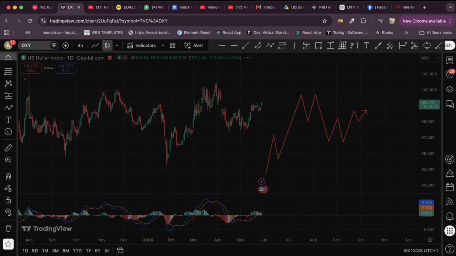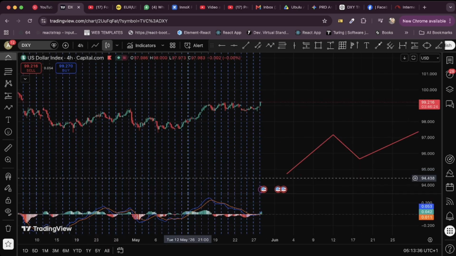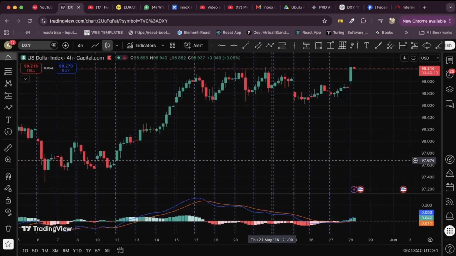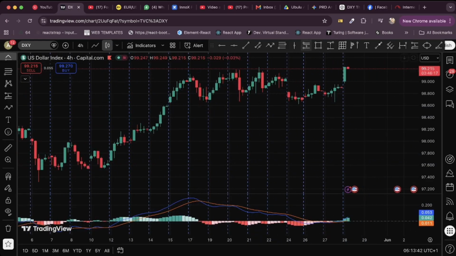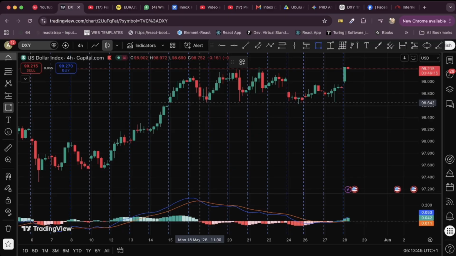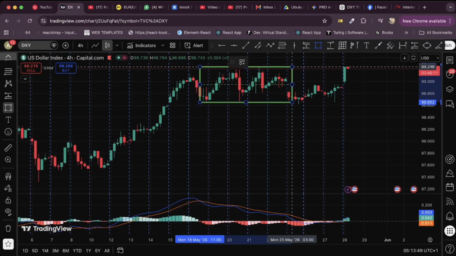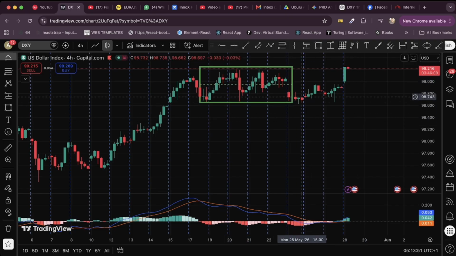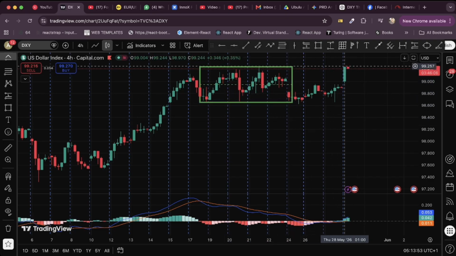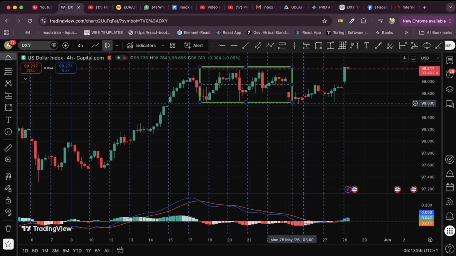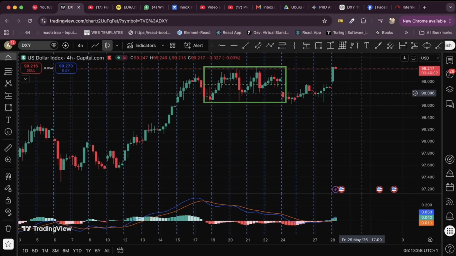We'll go to the 4-hour time frame. Here on the 4-hour time frame, remember guys, this is the point where we spotted an accumulation. This was the accumulation we spotted initially, and price manipulated, and you can see how price has gone to fill it up, and now price has filled it up.